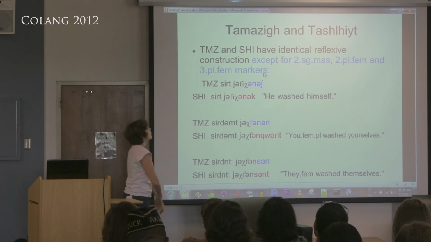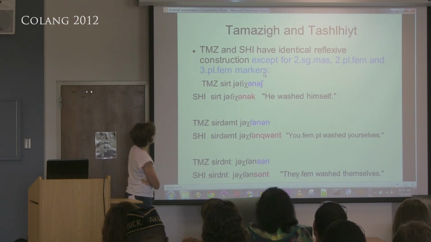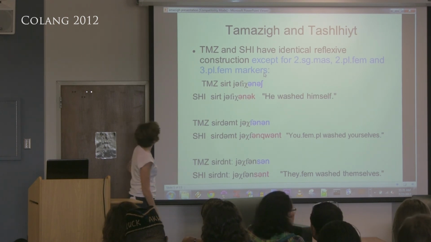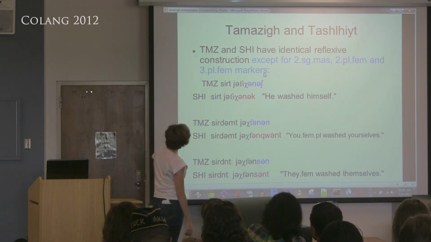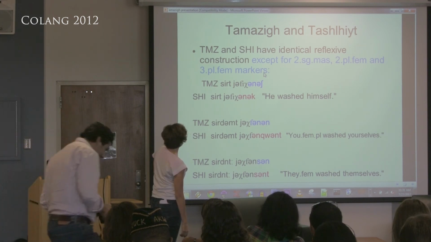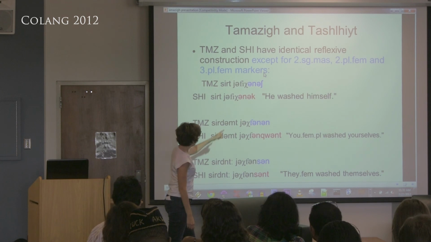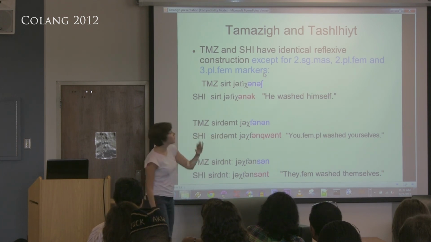Okay, so Amazigh and Tashmeet are pretty much the same, except there are three morphemes that are different. Everything else is constant. So in Tashmeet, you would have this ending here, and other than that, they're completely the same.